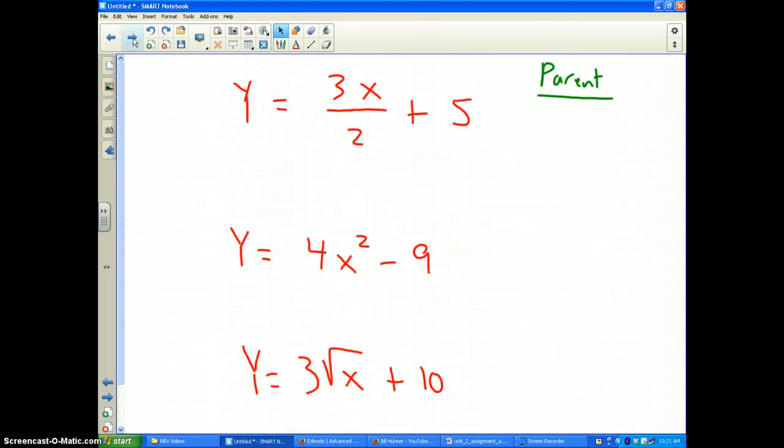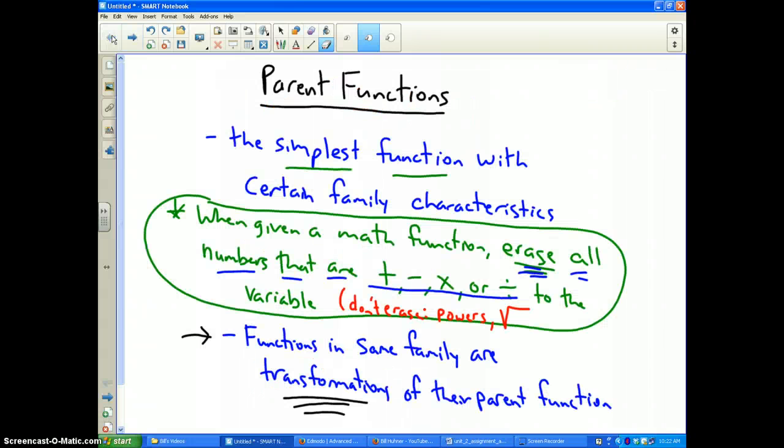All right, here are 3 examples. And I'm going to ask you, what is the parent function of these? Well, again, the last slide, which I'll go back to, says to erase all numbers that are added, subtracted, multiplied, or divided.